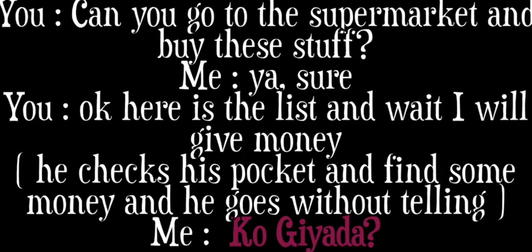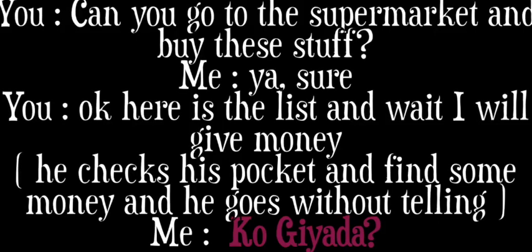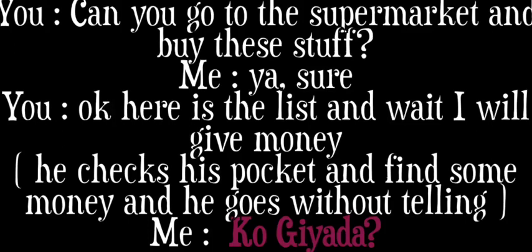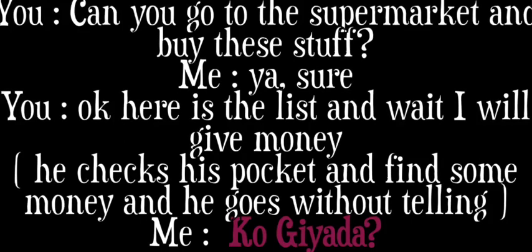So that's the difference between Giyada and Ko Giyada. In Ko Giyada there is a really good chance that you are really searching, and probably you will find that person somewhere, maybe still there, because you really want them not to go and to give that money. But when you say Giyada, you just come and ask, okay, I don't care, if you don't want the money, you can go and buy from your own money.